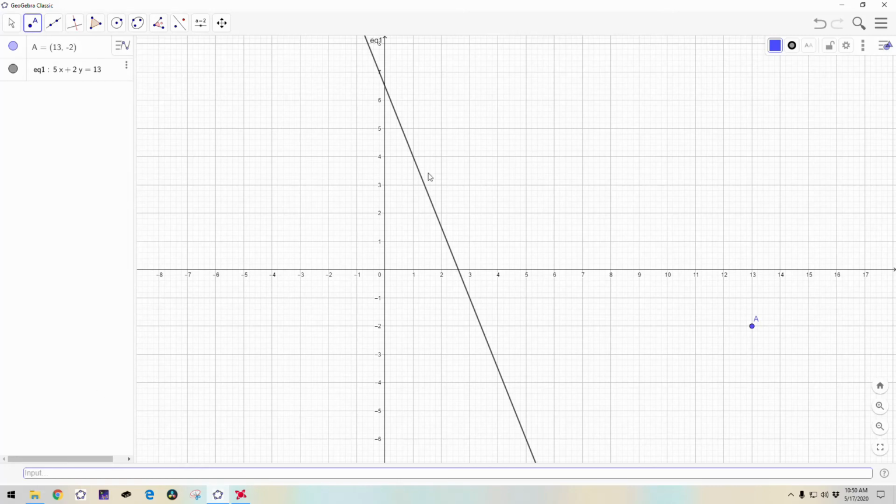Okay? So it needs to be parallel to this line and go through this point. And one of the equation forms that we wrote was y equals -5/2x plus 61/2. And you can see the lines are parallel. They're going in the same direction. They're never going to touch. And it does indeed go through the point that we called for.